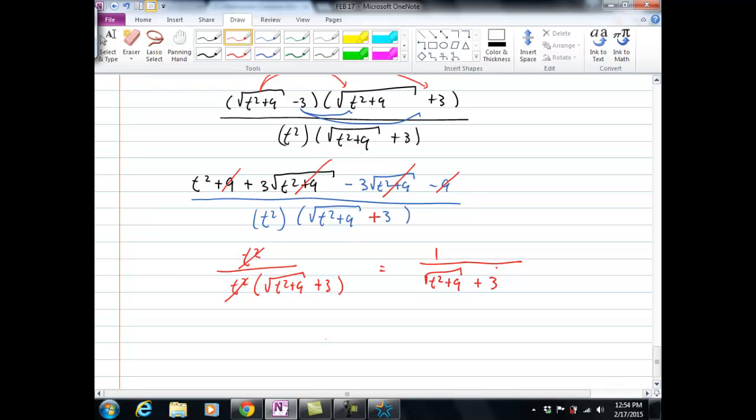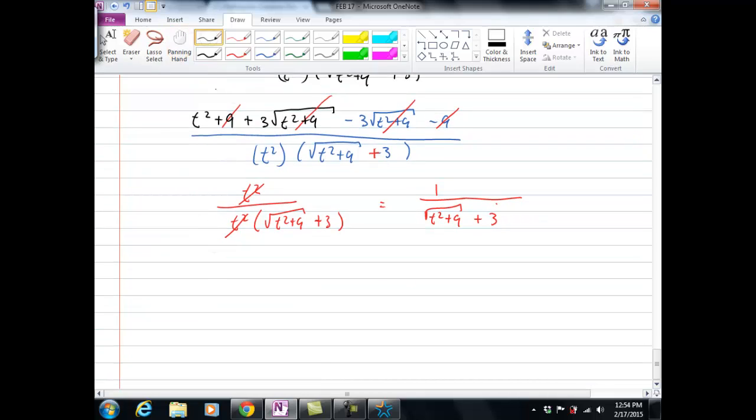Now, once I get to here, I can say, hey, look, I can sub in 0 now, because the whole purpose is to get to a point where I can sub in 0. So now when I sub in, limit as t approaches 0, 1 over, so this becomes the square root of 9, plus 3.